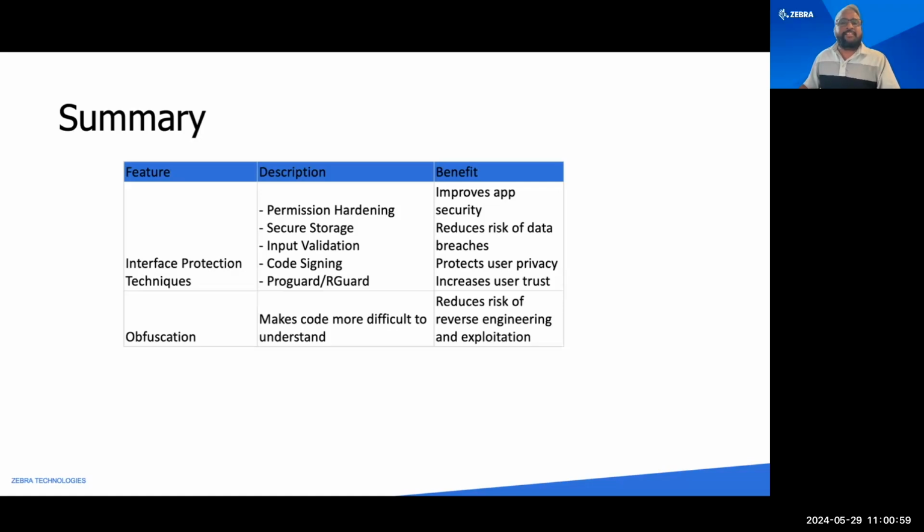The benefit is application security, and it reduces the risk of data breaches, because you can avoid the kind of injection we saw just now. If I don't understand your code flow, I can't really do an injection. Obfuscation helps protect the code from reverse engineering, and at least reduces the risk of it. Exploitation is the major key thing here.